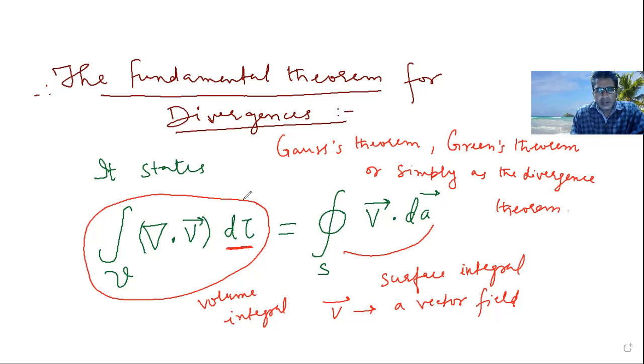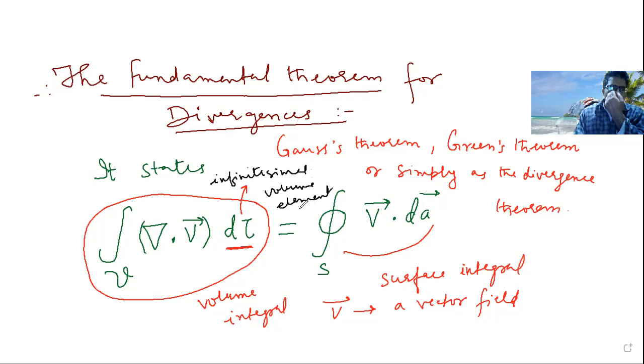Now what is this d tau? It is an infinitesimal volume element. What is this dA?